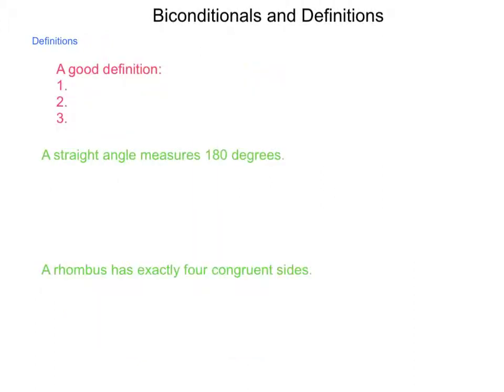The requirements for good definitions are as follows. First, definitions use clearly understood terms. No ambiguity, no large vocabulary. They need to be very straight and to the point with words that everybody will understand. Second, the words of a definition are very precise.